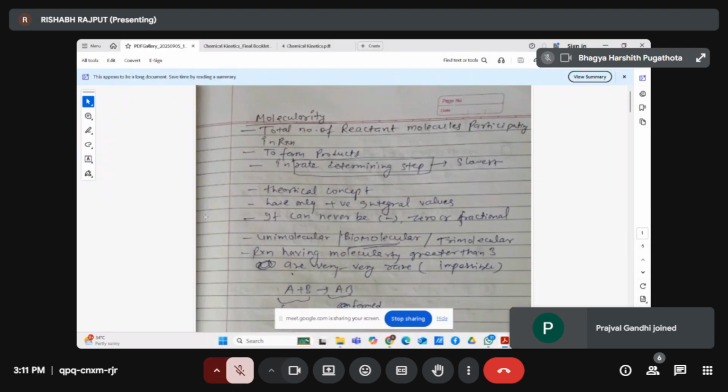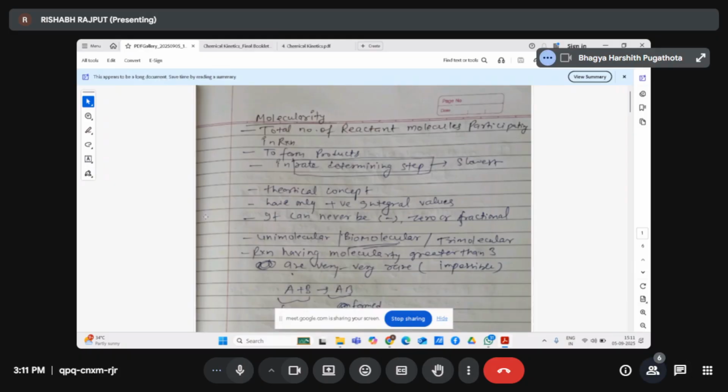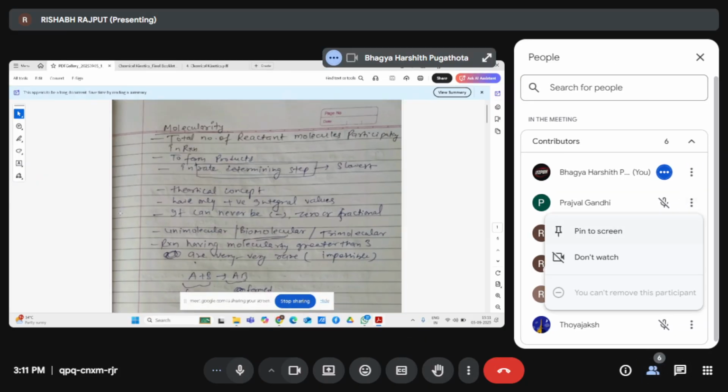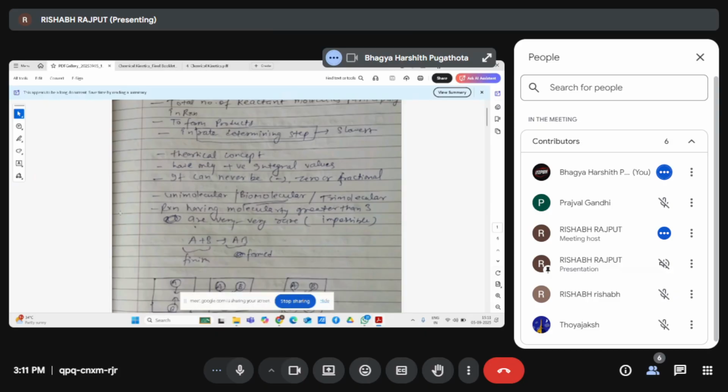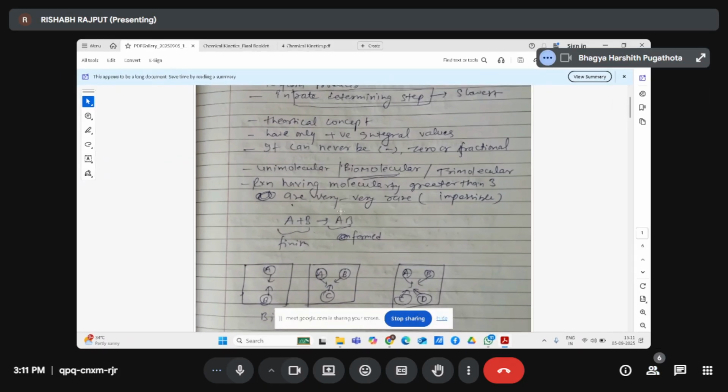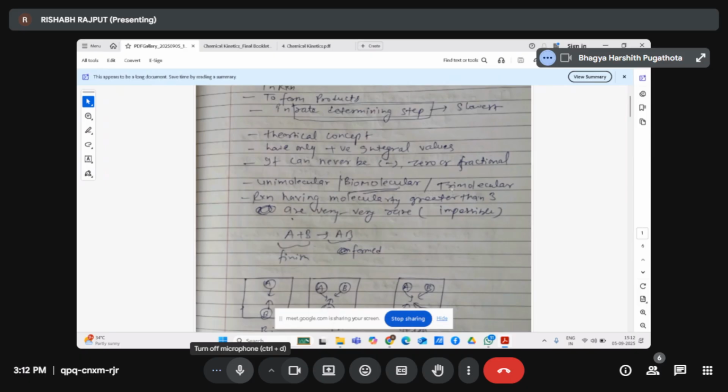For molecularity, common examples are unimolecular, bimolecular, and trimolecular. Unimolecular means one molecule, bimolecular means two molecules, and trimolecular means three molecules. I will explain how you get unimolecular, bimolecular, and trimolecular.